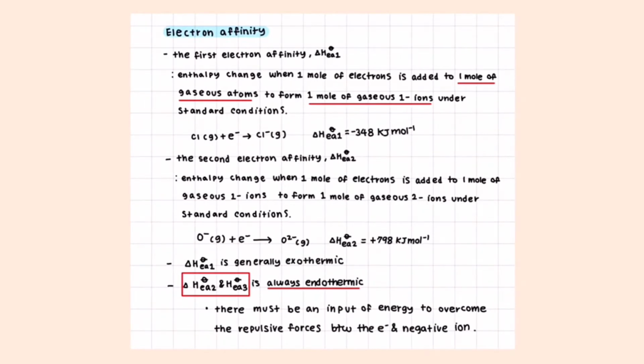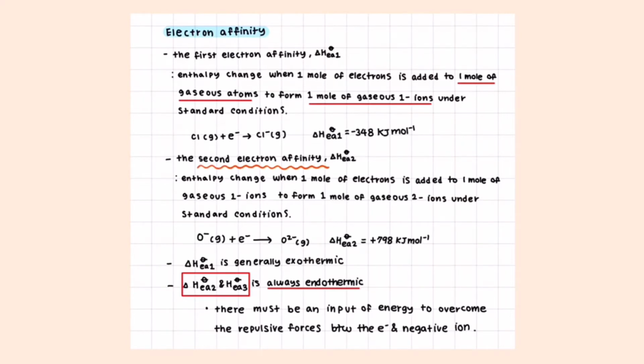Next, let's move on to electron affinity. The first electron affinity refers to the enthalpy change when 1 mole of electrons is added to 1 mole of gaseous atoms to form 1 mole of gaseous 1- ions under standard conditions. For example, 1 mole of gaseous chlorine atom gains 1 mole of electrons to form 1 mole of gaseous chloride 1- ion.